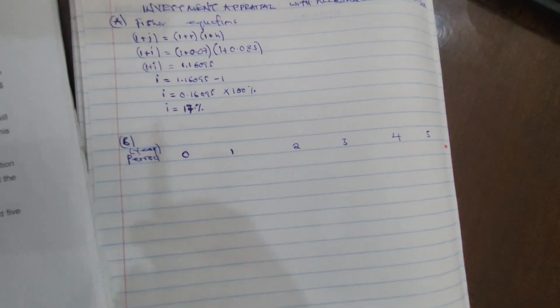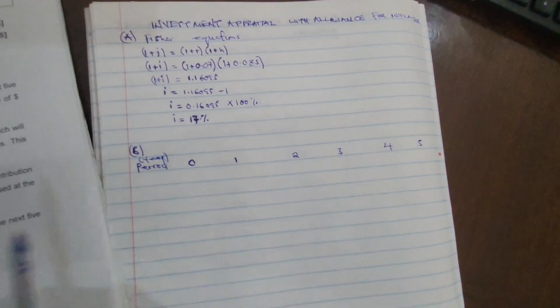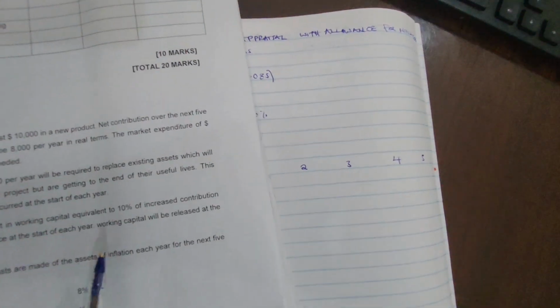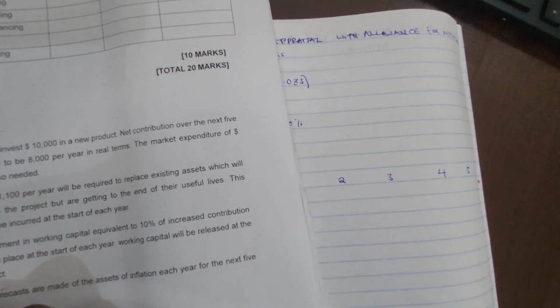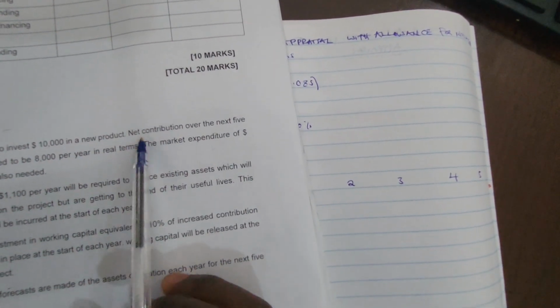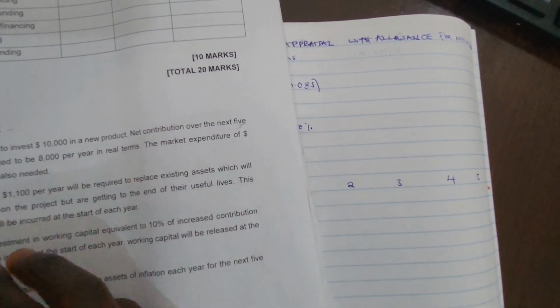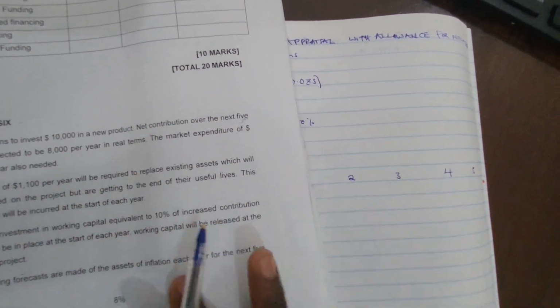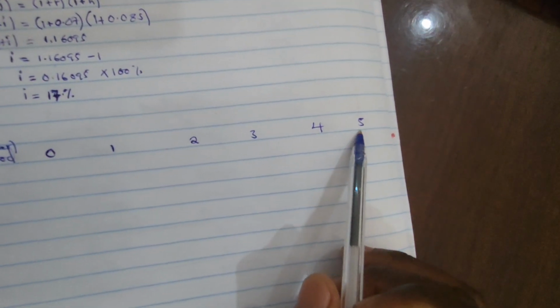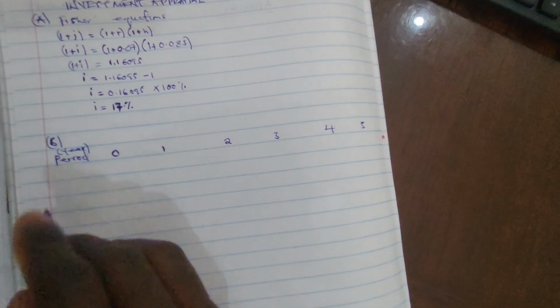Remember, I'm not writing the years just anyhow. We've been told in the question that a project plans to invest $10,000 in a new project, and the net contribution over the next 5 years is expected. That's the reason why we've indicated the years up to year 5.